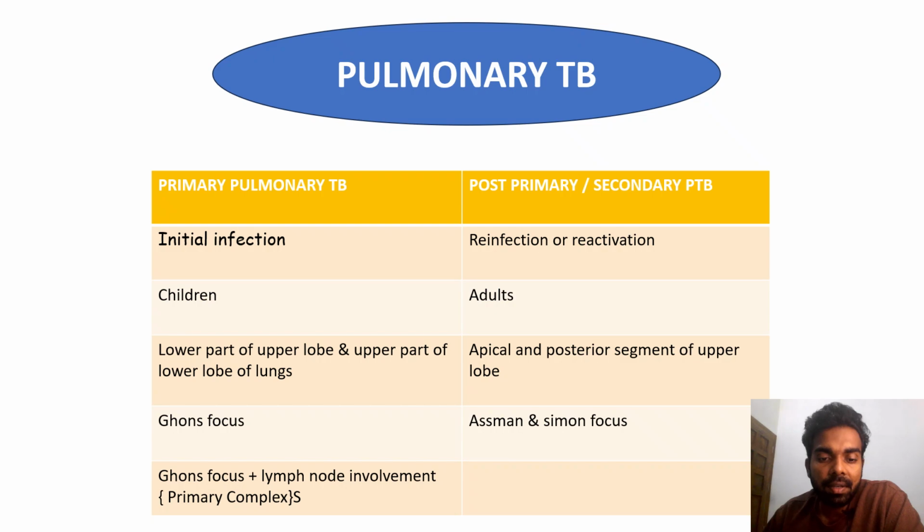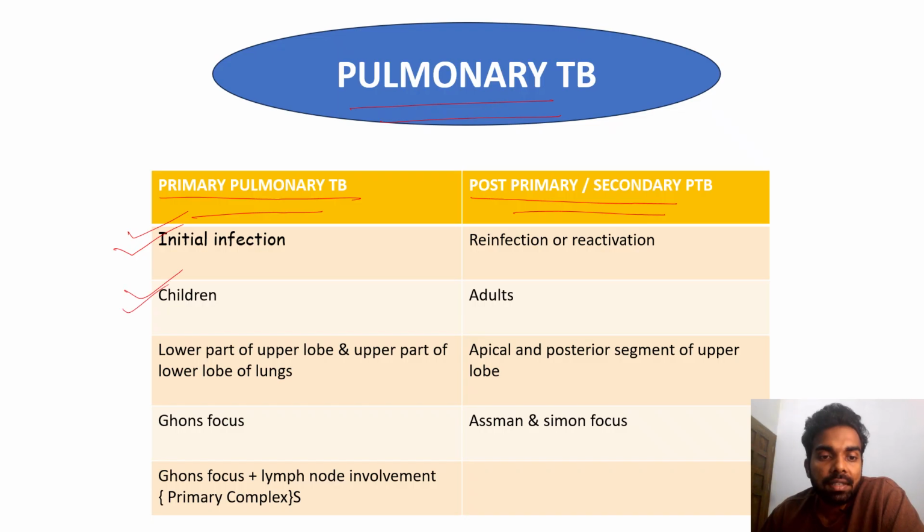So, pulmonary TB is the most common form of TB that we see every day. There are two types of pulmonary TB: primary pulmonary TB and post-primary or secondary pulmonary TB. So what does it mean? If it's primary pulmonary TB, that means it is the initial infection. The patient has not been exposed to any TB infection previously, and this is a new episode for him.